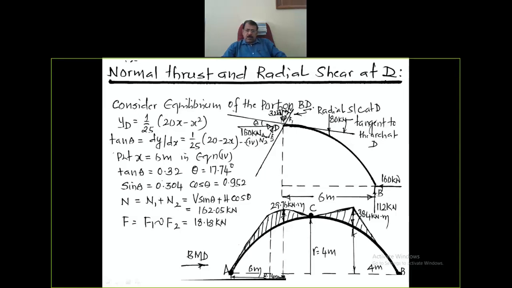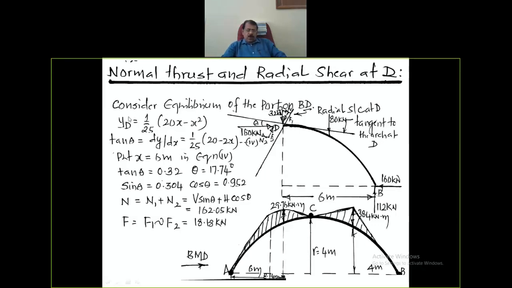Here I have taken vertical force at this point as 32 kilonewton because in between B and D there is a vertical force. Magnitude of that force is 80 kilonewton. Summation of this 80 and 32 will be equal to 112 kilonewton. That's why I have taken only the magnitude of the vertical component at D as 32 kilonewton.